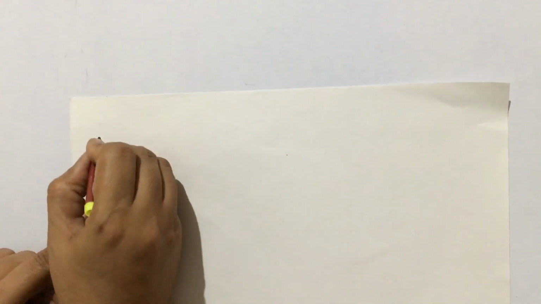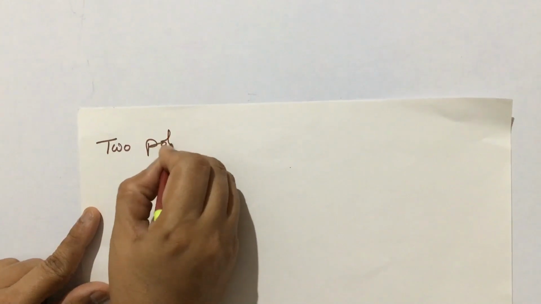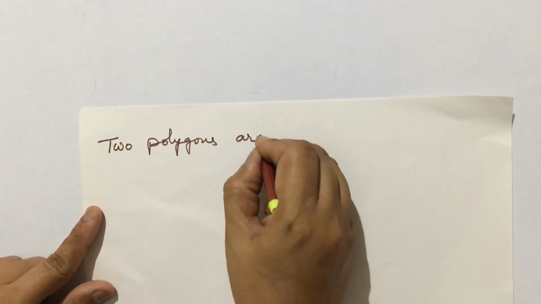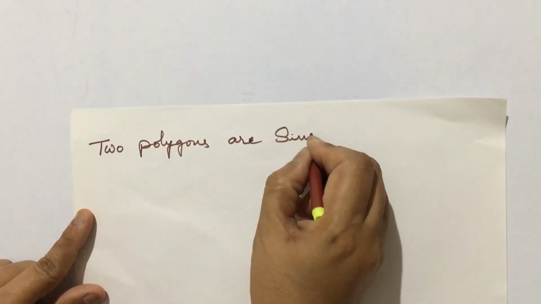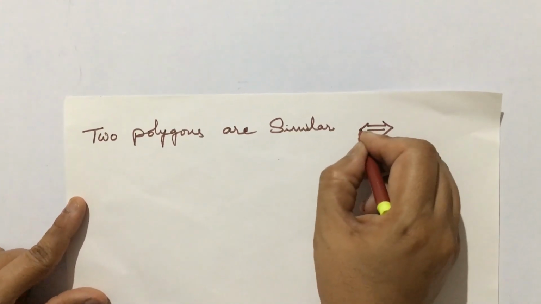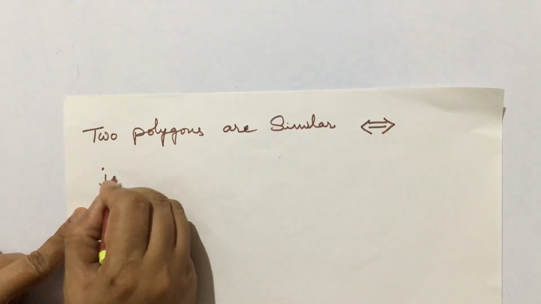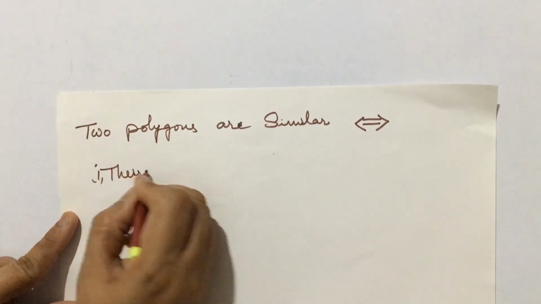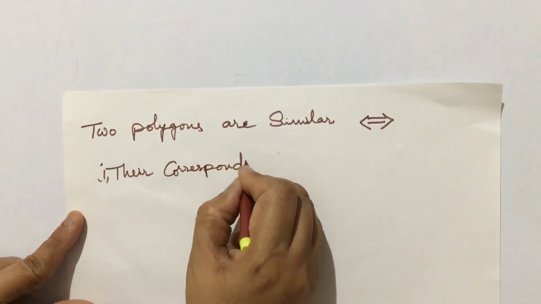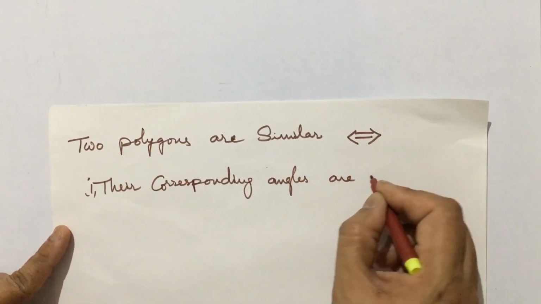This definition we have also learned in this class: two polygons are similar if and only if, and you can use this symbol for if and only if, the first condition is their corresponding angles are equal.